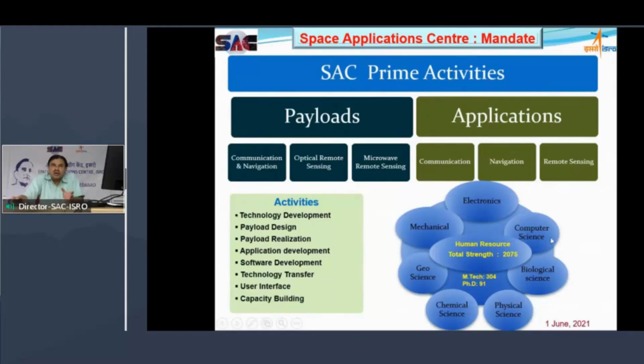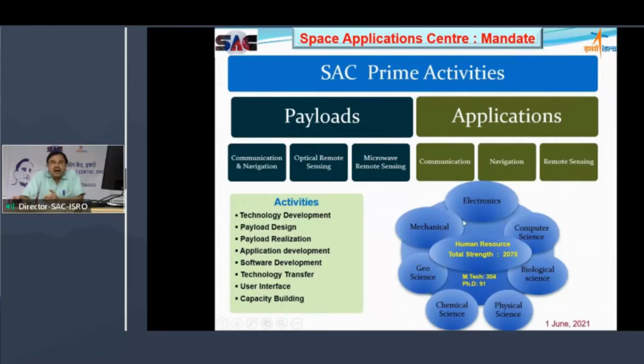And as you can see, this center has a unique value because it is a multidisciplinary center. Unlike our other centers of ISRO at Trivandrum or Bangalore or other places, this Ahmedabad center has a unique quality. The quality is what you can see, the manpower which is distributed across all the branches.